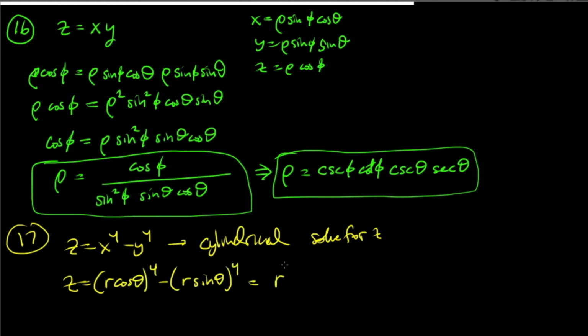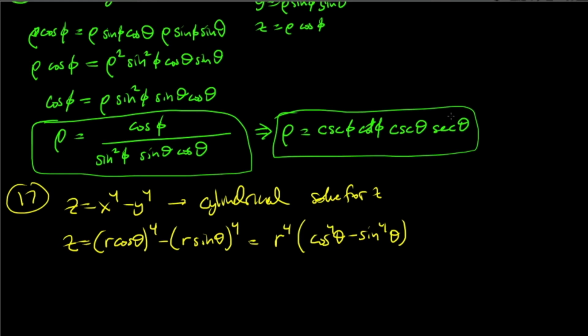So you can factor out the r to the fourth, and you just get cosine to the fourth minus sine to the fourth. Which, if you're clever, you can simplify to cosine squared minus sine squared. And if you're wondering, wait a minute, you can't just change the 4 to a 2, right?